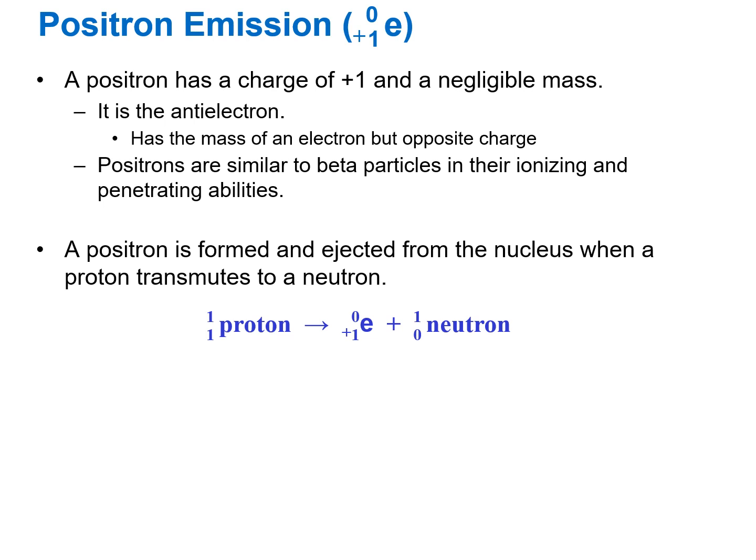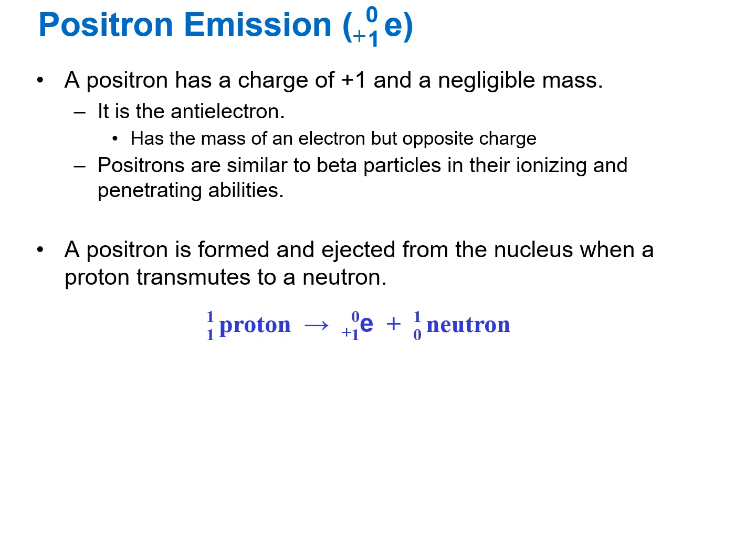And what we have here is the creation of our positron, which has a positive 1 and no mass. And because we have basically moved the charge away from here, we now can say we have a neutron with a mass of 1, because neutrons do have a mass of 1 and they have no charge.